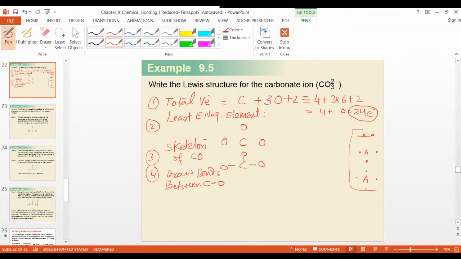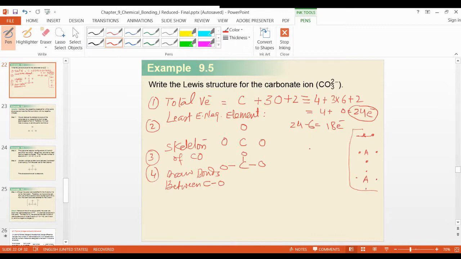Between carbon and oxygen. So how many electrons did you add? 6 electrons, right? 3 bonds. 6 electrons you finish here. 24 minus 6. How much? 18. 18 electrons left, right?